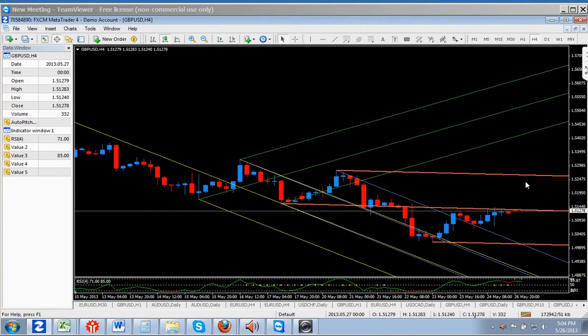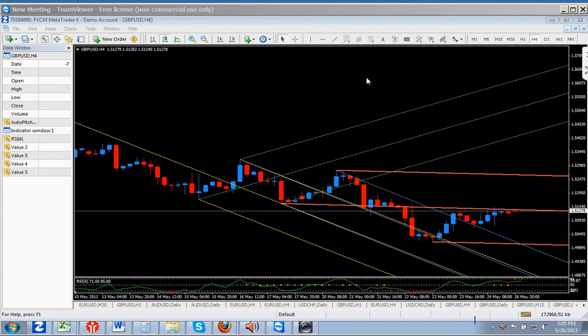People that are familiar with plotting pitchforks can do it themselves, and most often it would be better than some of the automated ones. But just for a display, I've put it on this pair, British pound dollar 4-hour chart, and you see 3 pitchforks here.